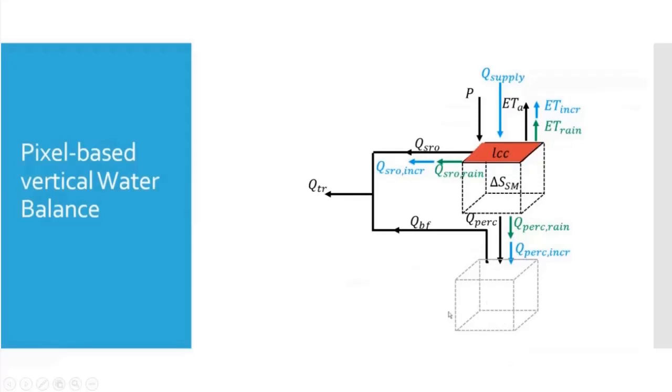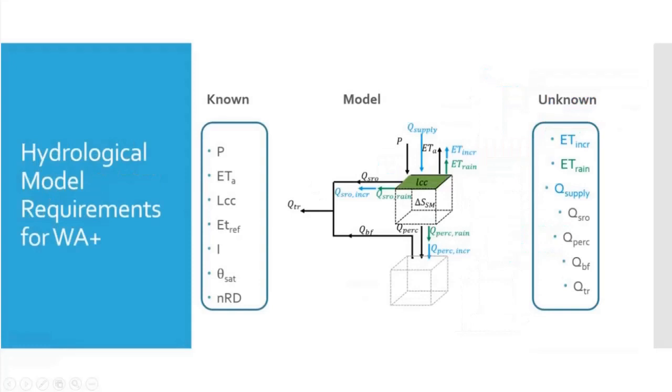And the output, or what we wanted to compute, is the blue and the green components of evapotranspiration. How much supply is needed to satisfy the blue component of the evapotranspiration, and compute the surface runoff, the percolation, the base flow, and then finally the total runoff or the total outflow from the river basin.